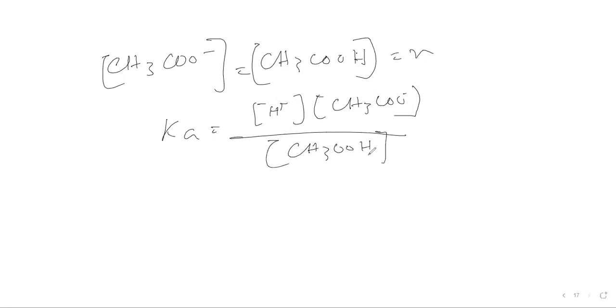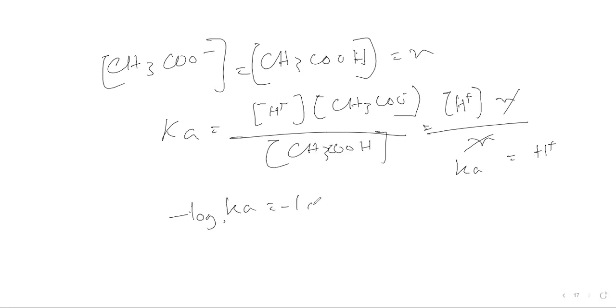That means we can write H plus, and there's X divided by X, so X cancels out, and we have H plus. That means Ka is equal to H plus. So negative log Ka equals negative log of H plus concentration. Therefore, pKa equals pH, or the other way around. So that's basically it.